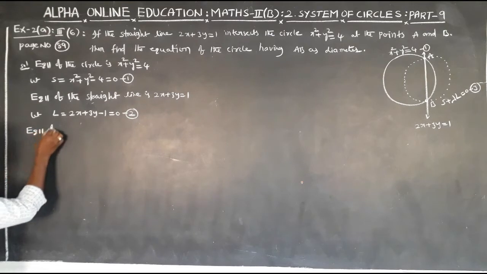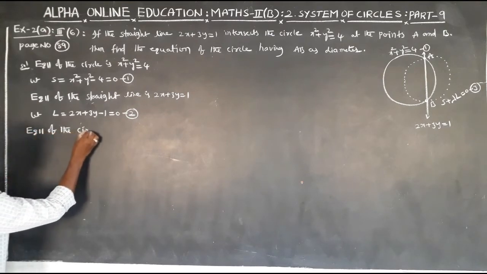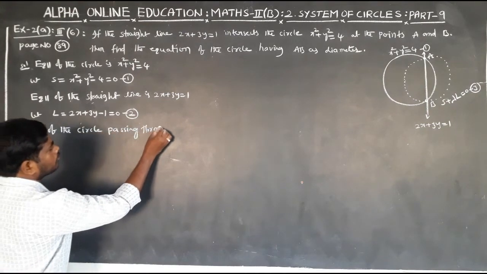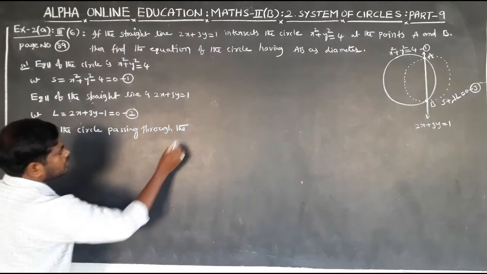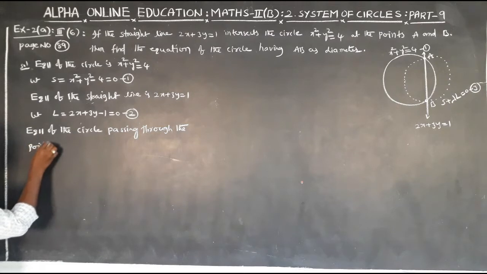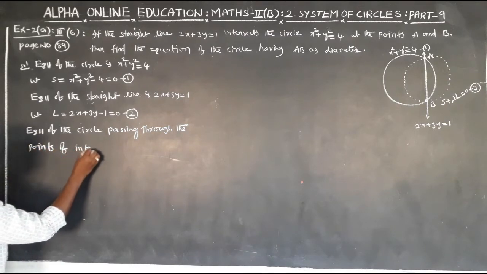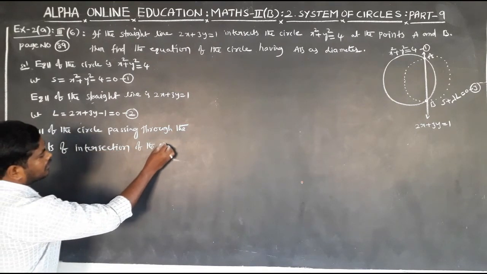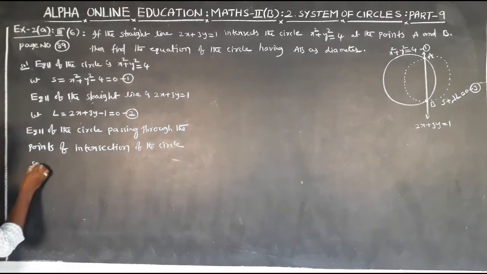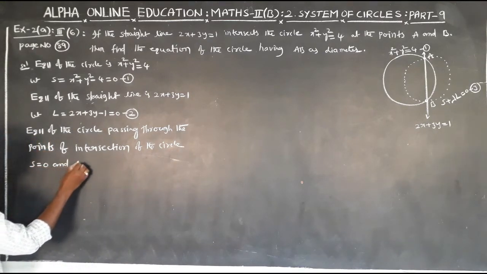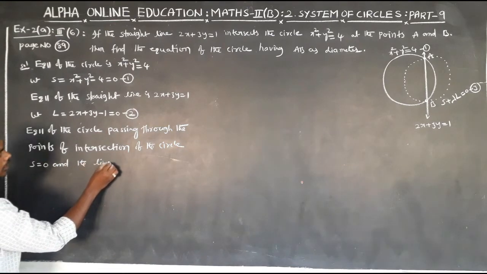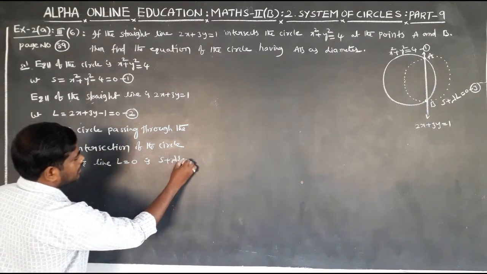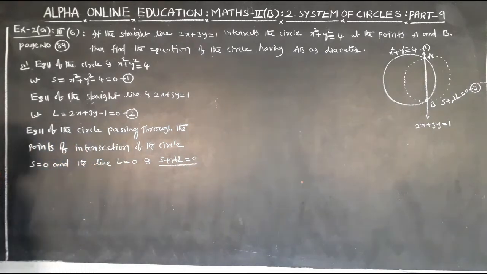The equation of the circle passing through the points of intersection of the circle S is equal to 0 and the line L is equal to 0 is S plus lambda L is equal to 0.